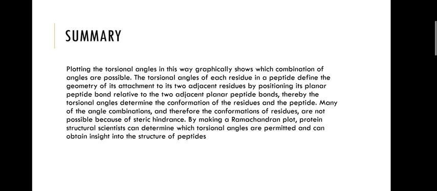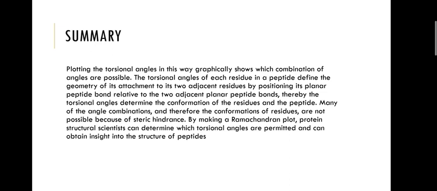Coming to the summary, plotting the torsion angles in this way will show which combinations of the angles are possible. The torsion angles of each residue in a peptide define the geometry of its attachment to its two adjacent residues by positioning its planar peptide bond relative to the two adjacent planar peptide bonds.